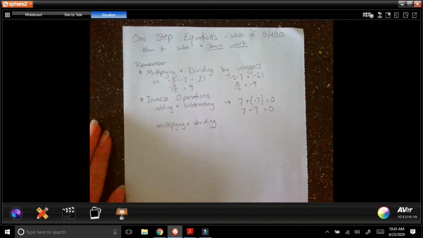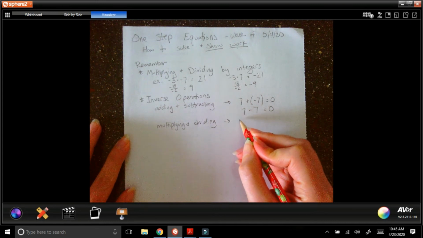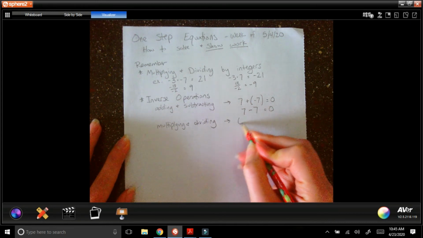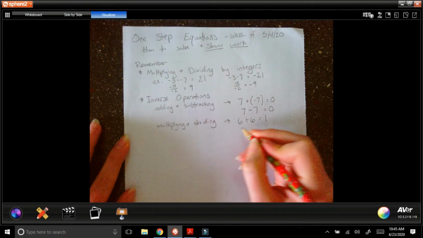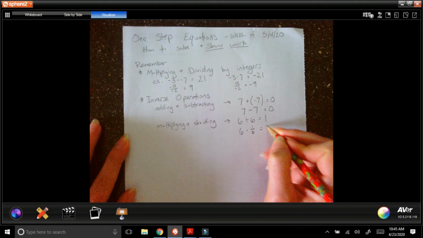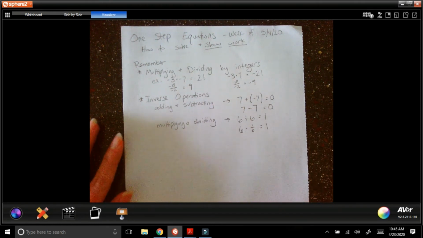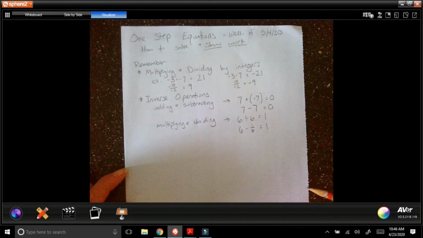Maybe you can see it a little better there without the light on. Because if I have, let's say 6 divided by 6, I get 1. Or if I have 6 times 1/6, I also get 1. So those will help cancel each other out, and then you're just multiplying or dividing by 1, and that doesn't change the result. Or for this case, you're adding or subtracting 0, and that doesn't change the end result either.